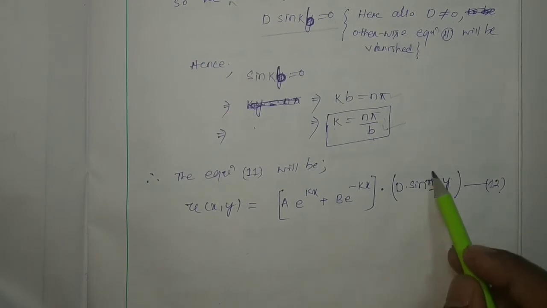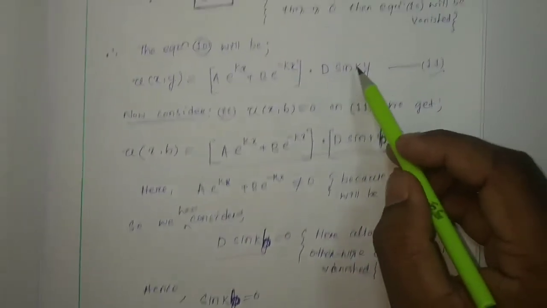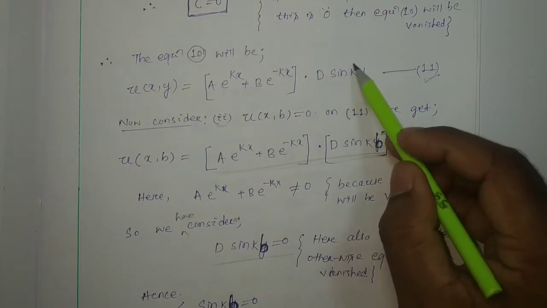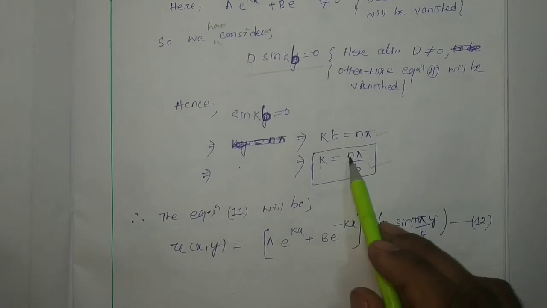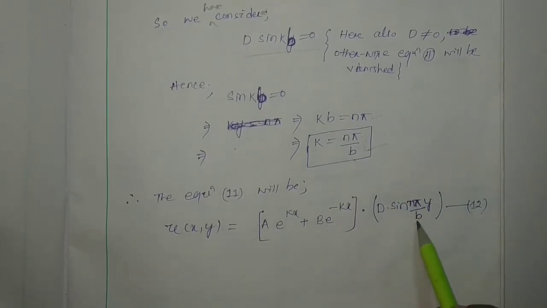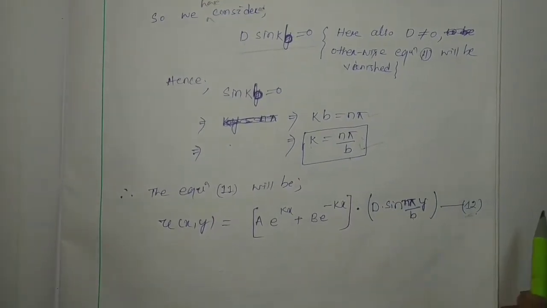Instead of k, what we have to write? n pi by b, into y. Let this be equation number 12.